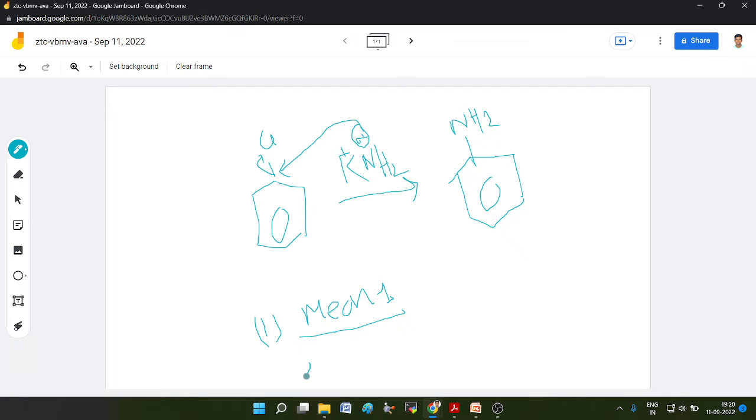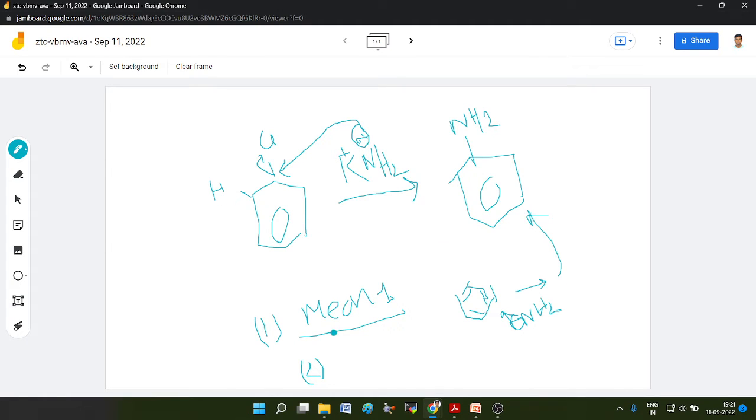And sometimes someone says, okay, this is not the mechanism, it is going through something else. Someone proposes that it will abstract this hydrogen and form a benzyne intermediate, and then NH2 minus will attack here, and it forms the aniline.